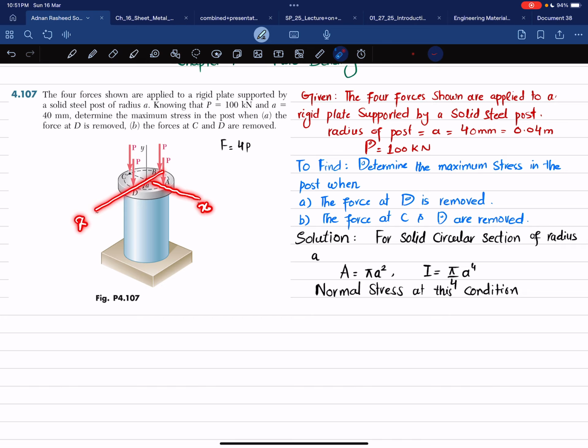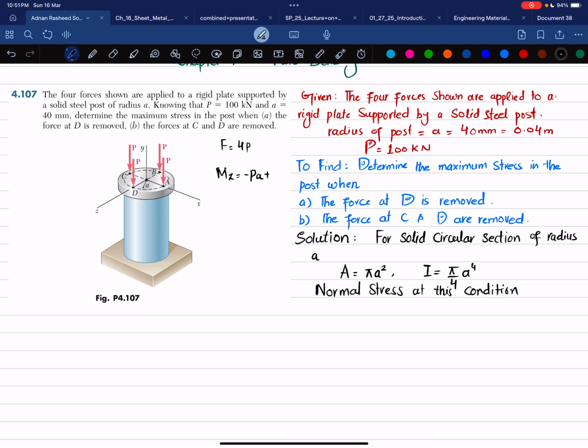So first we will take the moment about Z axis. So moment about Z axis will be this one. You can see that this is Z axis. So this force P into perpendicular distance A is producing clockwise moment, that will be negative. So I can write minus P times A, and this force multiplied by perpendicular distance A will also produce a moment counterclockwise. So it will be positive PA.